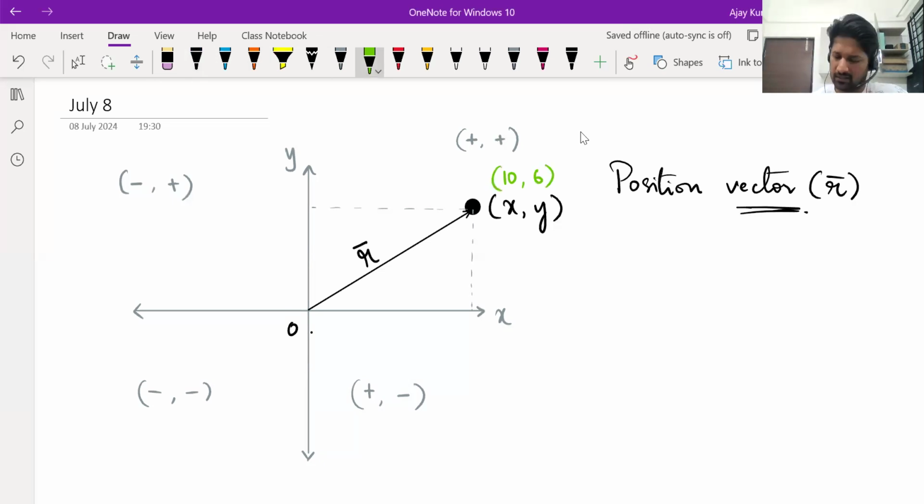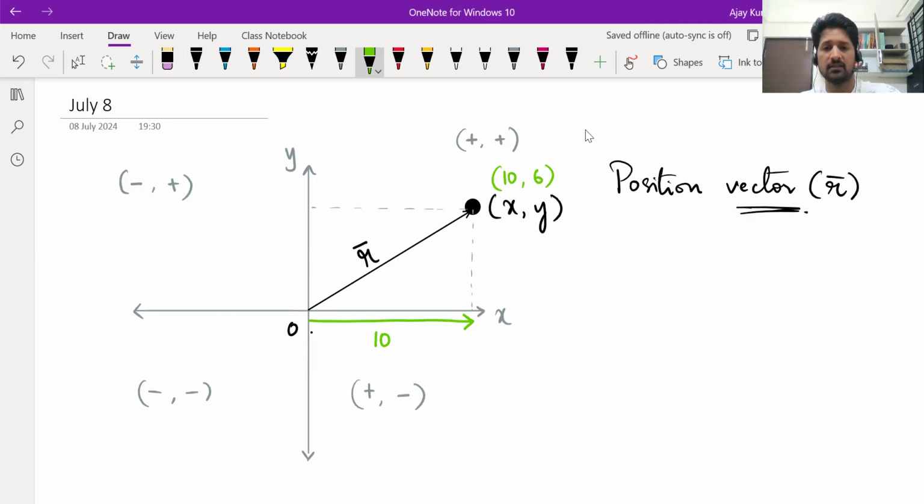If the coordinates are 10 comma 6, can any of you tell me how much is the x component of this vector? How long will this be? Like, how many units will that be? Sir, 10. 10 units. That is what we call the x coordinate. Okay. This is 10 units in which direction? Positive x, positive y, negative x, negative y.